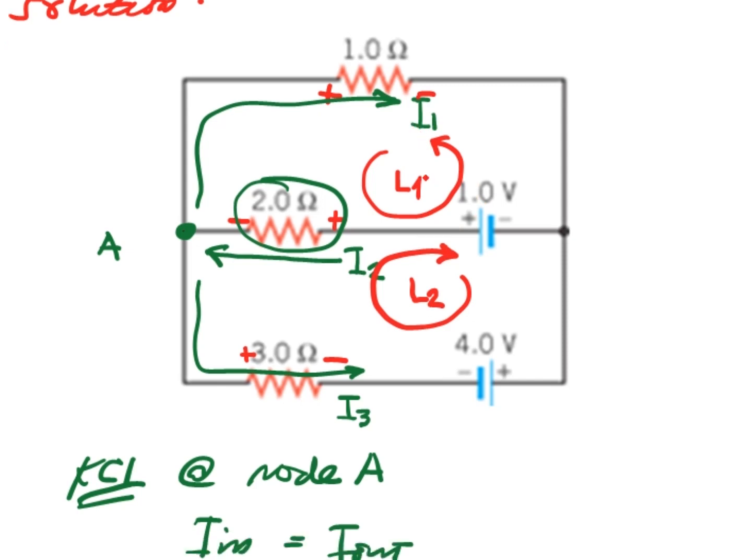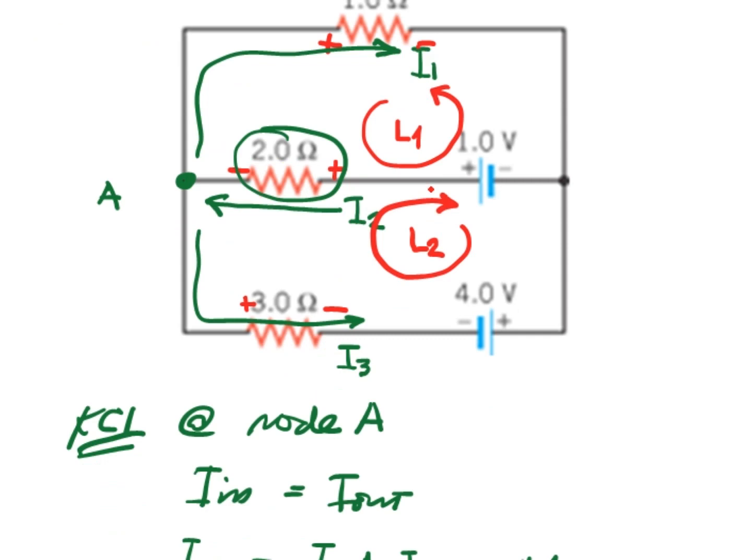Now again, let us apply KVL or Kirchhoff's voltage law on loop 2. Now if we will follow this direction, the 1 volt source will become a potential drop because it will go out on the negative terminal. Then the 4 volts will also be a potential drop because it will go out to the negative terminal.